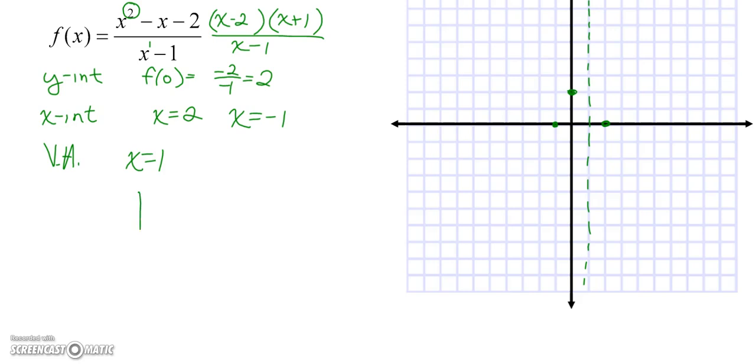We can use our synthetic division from a couple chapters ago, set up 1, negative 1, negative 2. The number that goes outside would actually just be a 1. And I am curious, how many times does x minus 1 divide into x squared minus x minus 2? That's what this synthetic division question is answering.